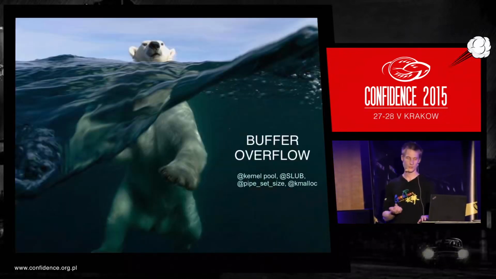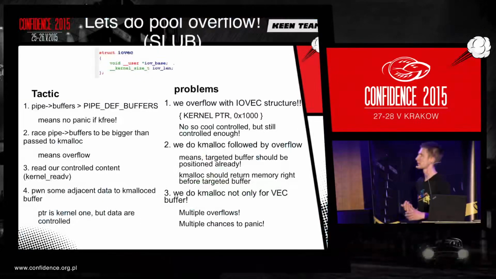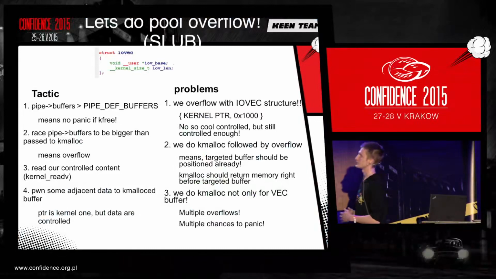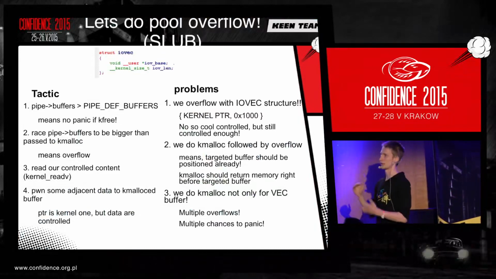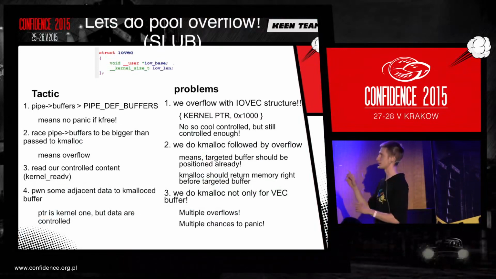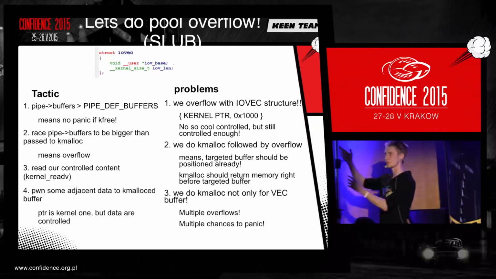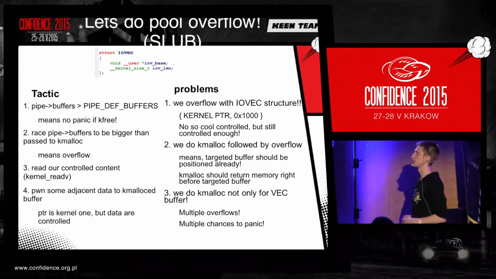So what's next? Next can be a buffer overflow. You can overflow into the pool, not the stack. The tactic will be that at the beginning the pipe buffers are really big, so it will not allocate with fast alloc from the stack, but it will be a kmalloc, and it will be raised to be even bigger, so it will overflow at the pool.